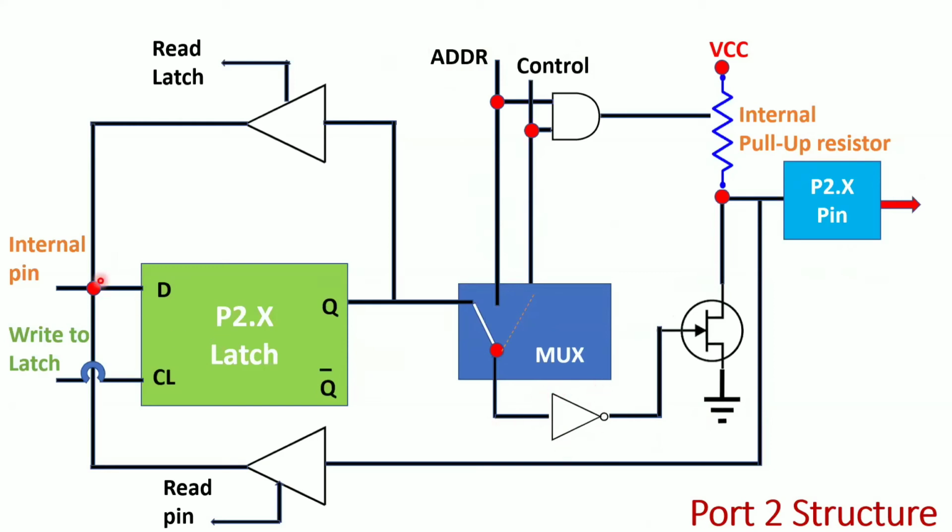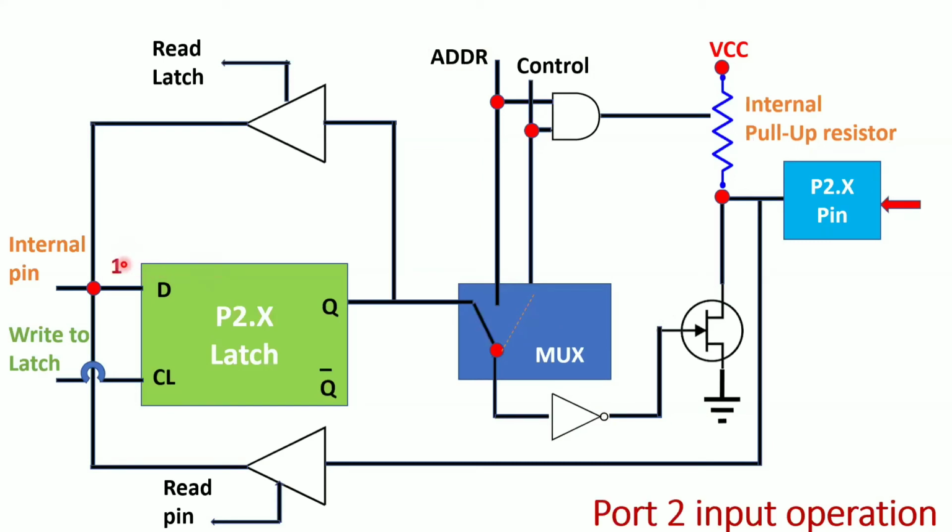Now you want to make this port 2 an input port. So how to make it an input port? We will write 1 there. You write 1, apply the write to latch signal, and you will get 1 here. You don't need to worry about the Q bar because we are not using this Q bar here. Whenever you are getting 1, the same one will be sent as the signal, because the control is 0.